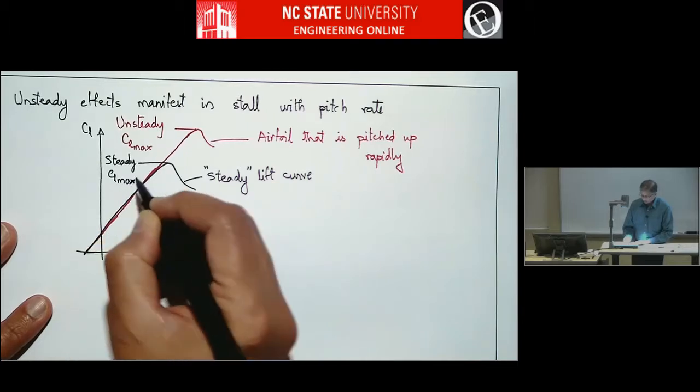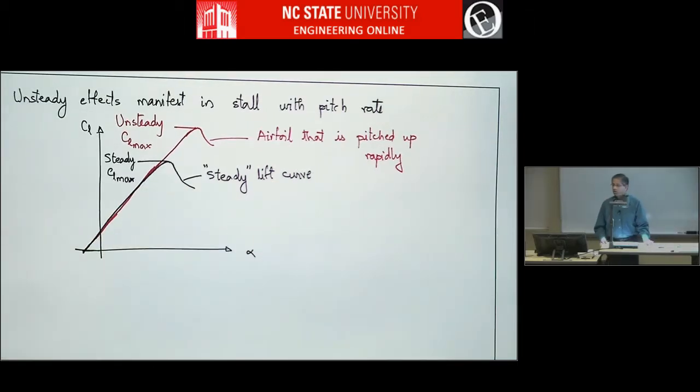And you can see this in airplanes too. If you take an airplane to stall, when you pull up abruptly, you get a much higher angle of pitch, and the airplane slows down a lot more than it would if you just stall it in a very gentle condition.